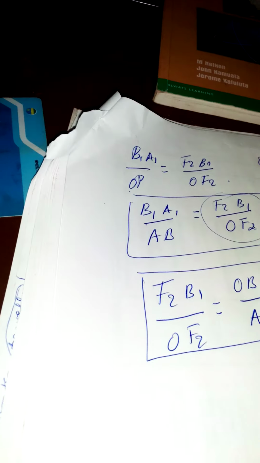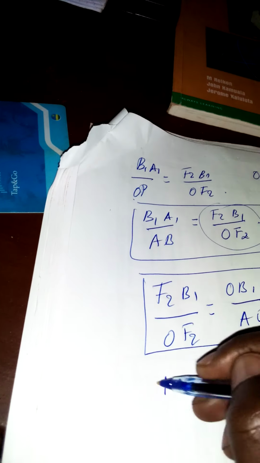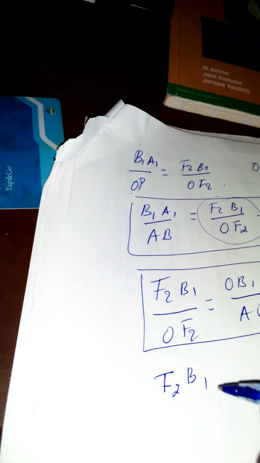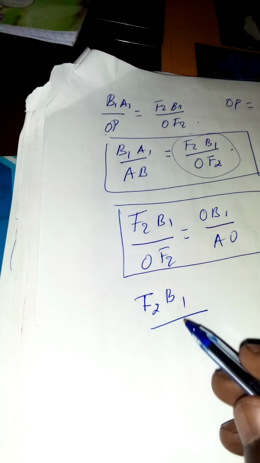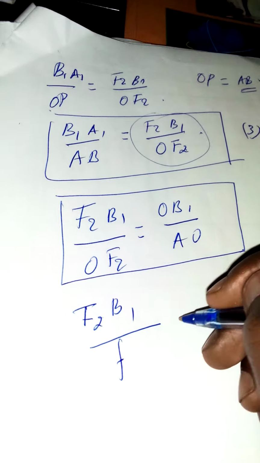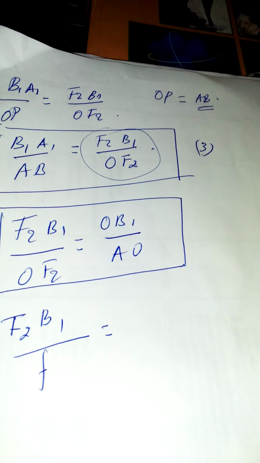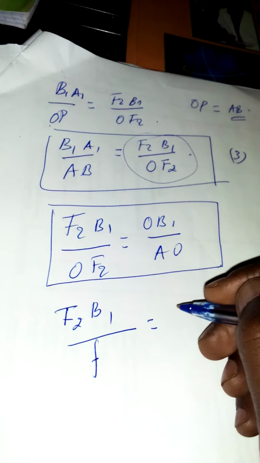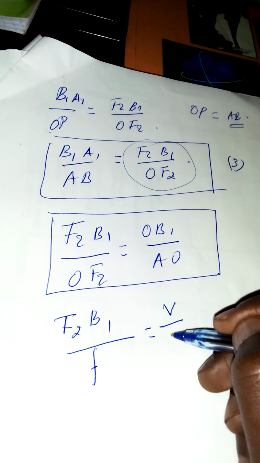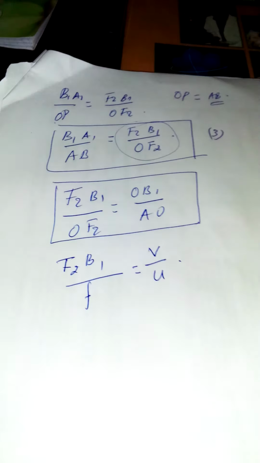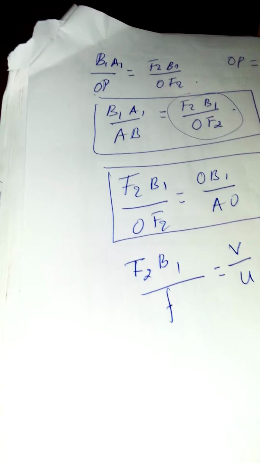So we are going to substitute: F2B1 over OF2, which is the focal length, is equal to OB1, which is V, over AO, which is U. So this is a simplified equation.